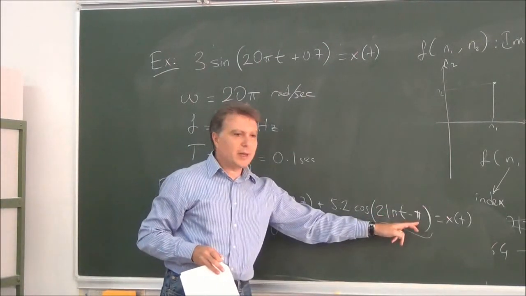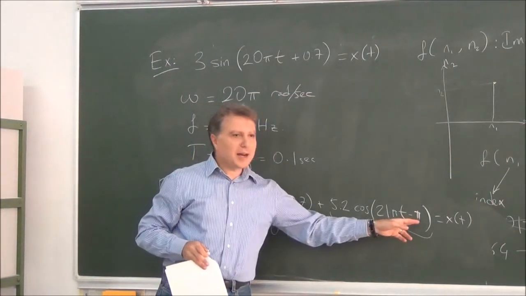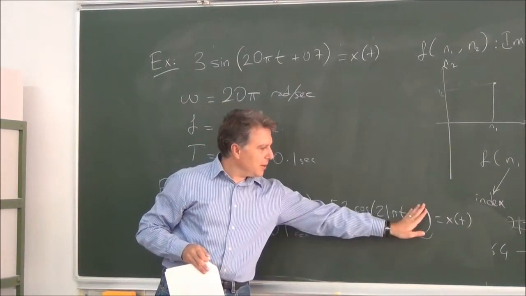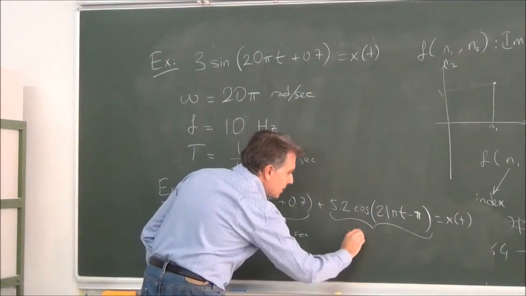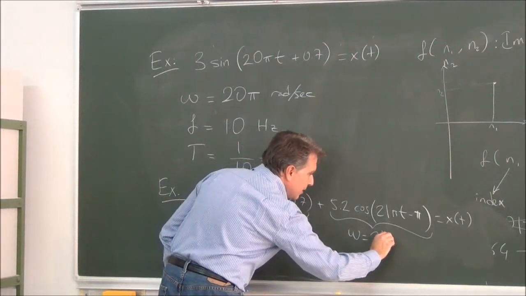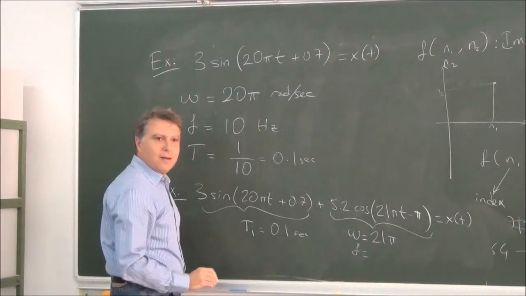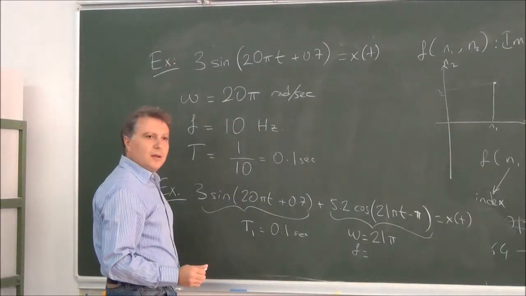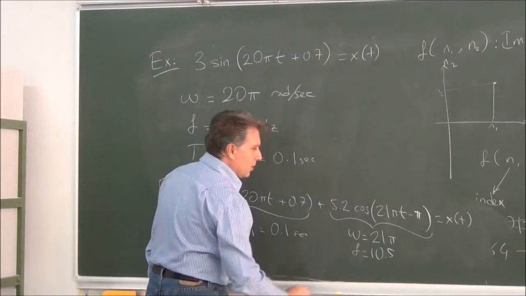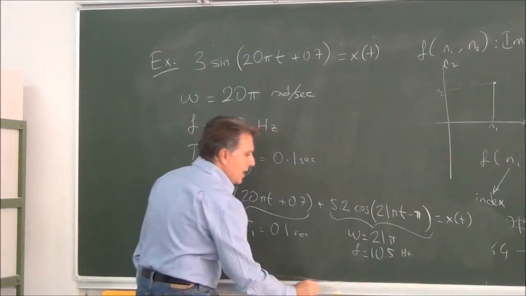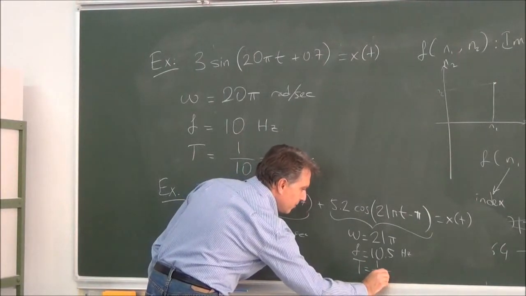This minus pi is just to make things complicated, and it's nothing but a shift again. So we don't really care about that. Forget about it. The time variation is here, and omega here is 21 pi, which makes f equal to 10.5 hertz. And the period is therefore 1 over 10.5.